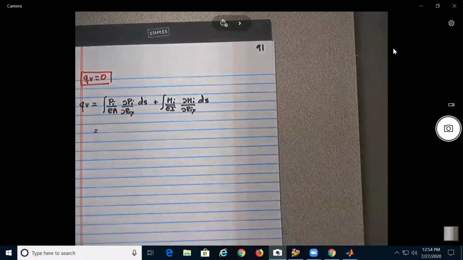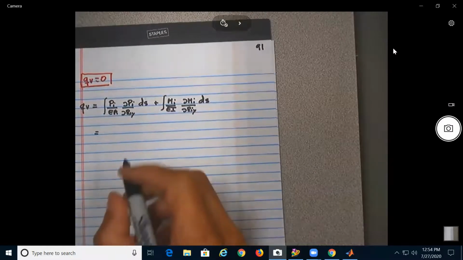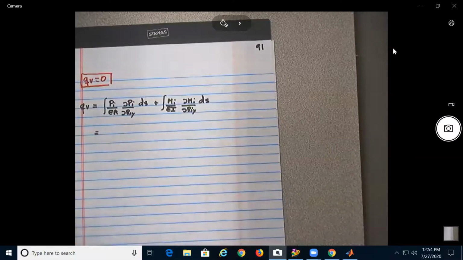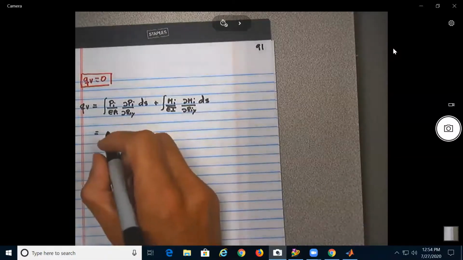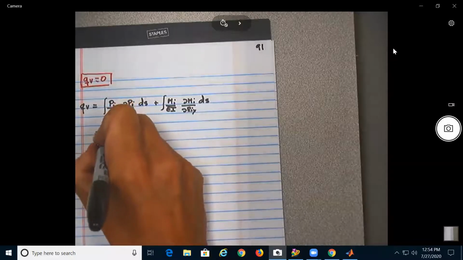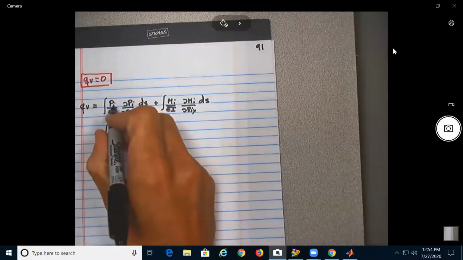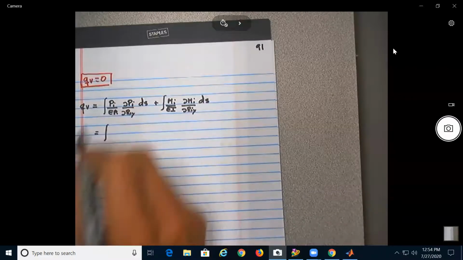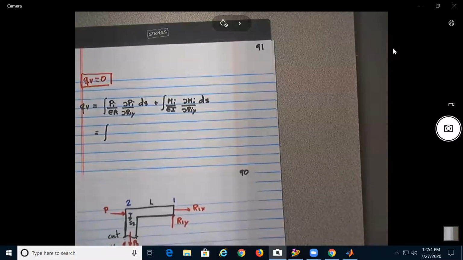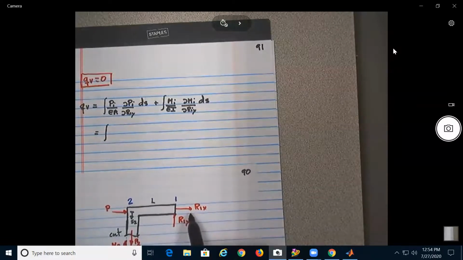So now, if we do the first term, what should it be? We know the force for the axial direction should be R1x, no?